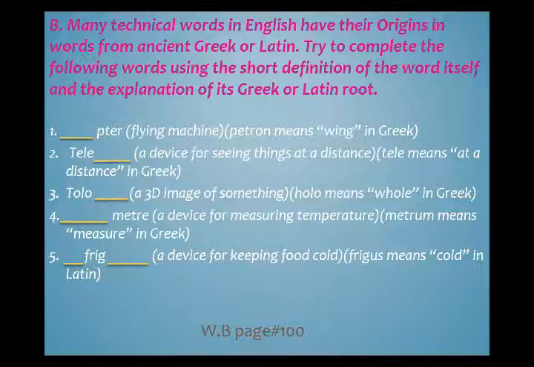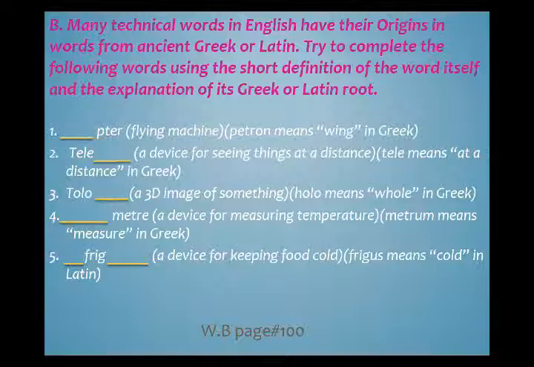Many technical words in English have their origins in words from ancient Greek or Latin. Try to complete the following words using the short definition of the word itself and the explanation of its Greek or Latin root.